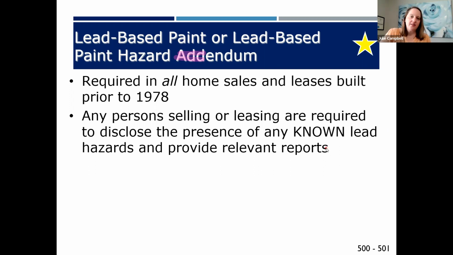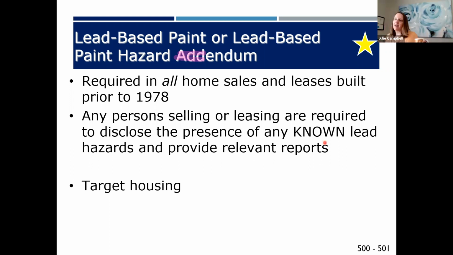Lead-based paint law identifies homes built prior to 1978 as target housing. So target housing is anything that may be built prior to 1978. Again, I'm not telling you it's got lead in it. What I'm telling you is because of the year that it was built, it may have lead in it. There are a couple exceptions to target housing, anything built after 78, of course.